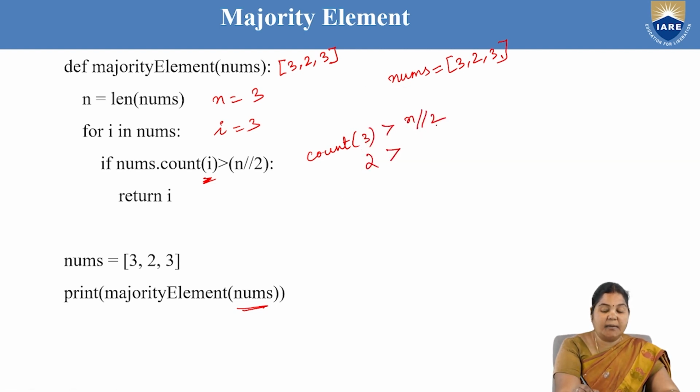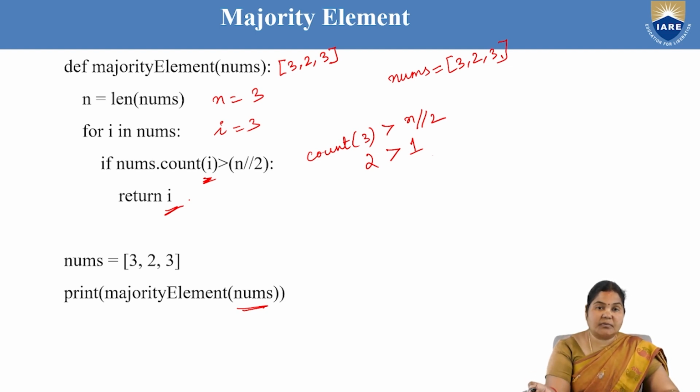Is it greater than n by 2? n is 3, and 3 by 2 is 1. Then return that value as the majority element. Then i is the majority element. Right? So this is the simplest solution for this problem to check whether the element is a majority element or not. I hope this question's solution is understood. Let us move on to the next question.